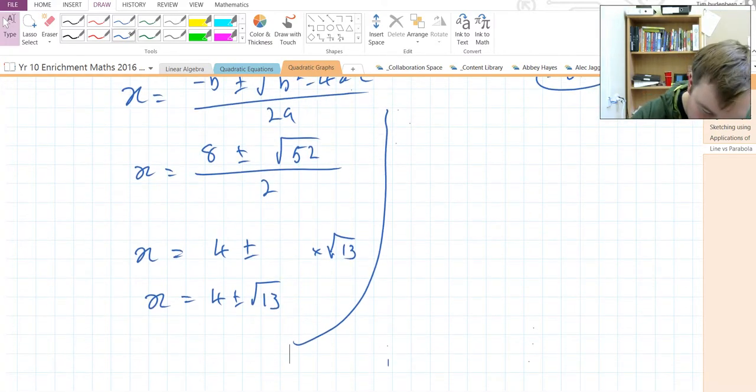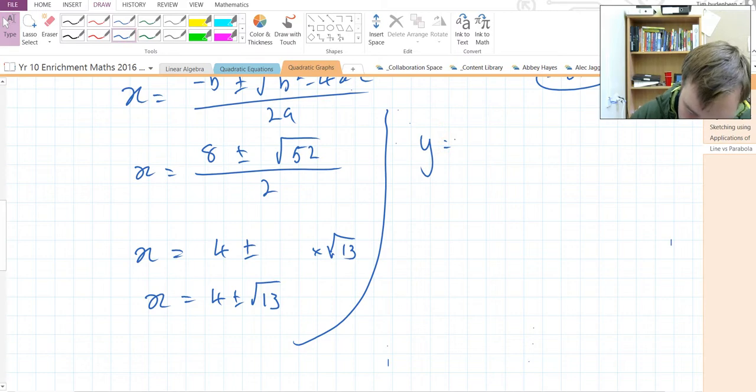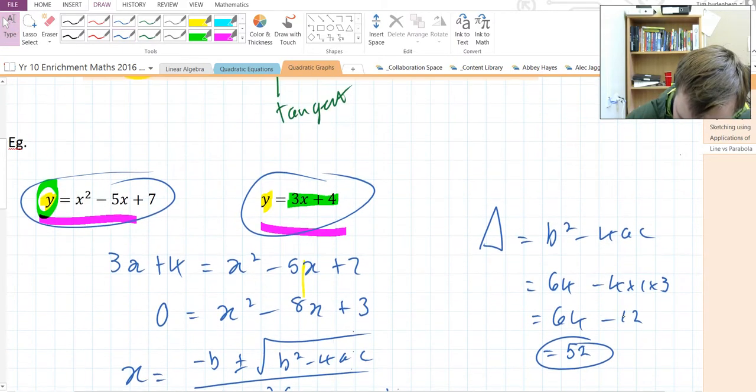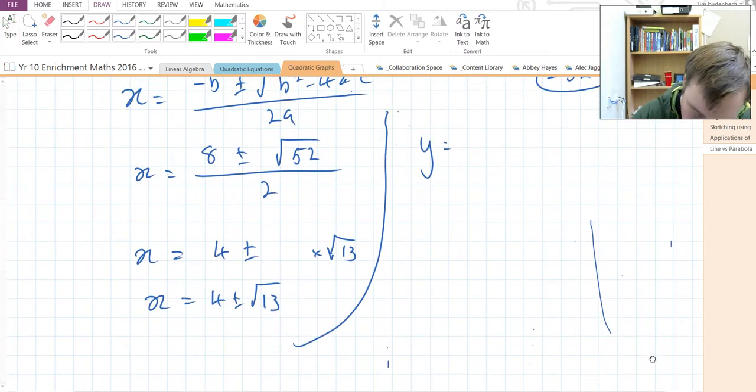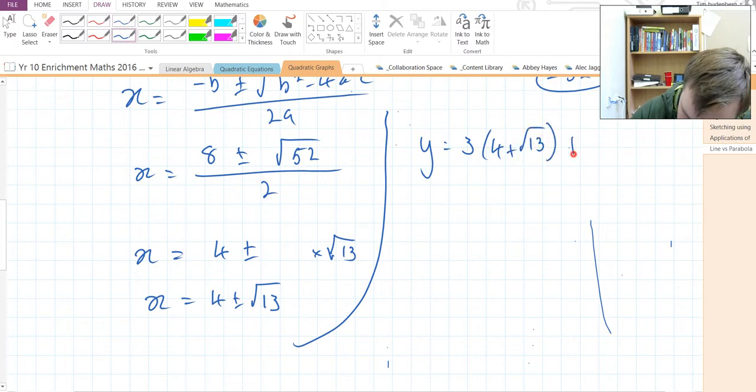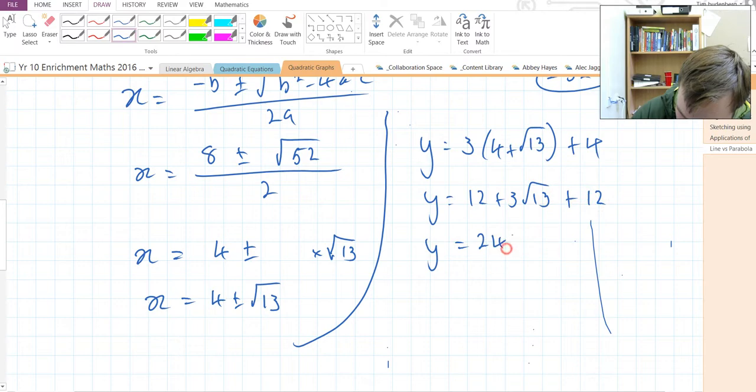So our two solutions are going to be y equals, now we had what, 3x plus 4 was it? Okay. Good. 3x plus 4. So we know the value of x now. It's 3 lots of 4 plus root 13 plus 4. Y equals 12 plus 3 root 13 plus 12. So therefore y is equal to 24 plus 3 root 13.